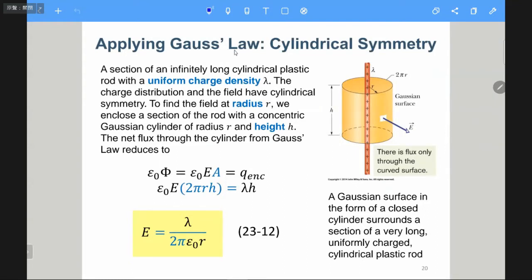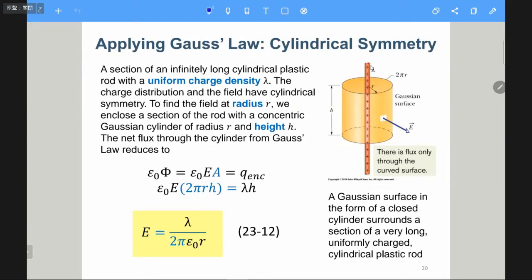Okay, so next we talk about another one. We are applying Gauss's law to different symmetrical structures. We try to derive some expressions for the E field generated by some specific structures. So this case is like we have an infinitely long cylindrical plastic rod.